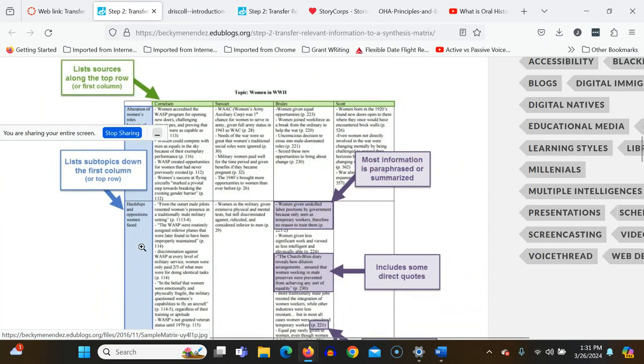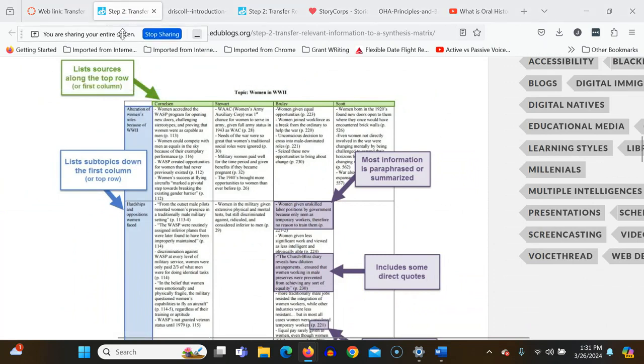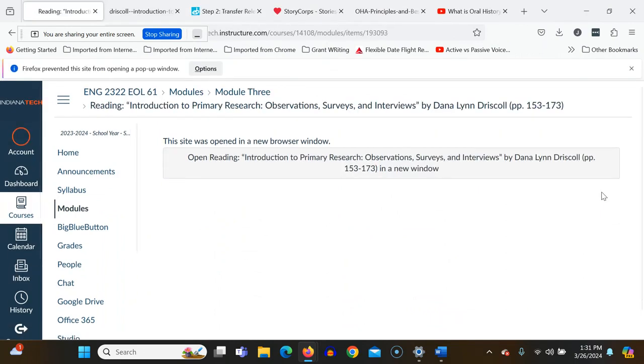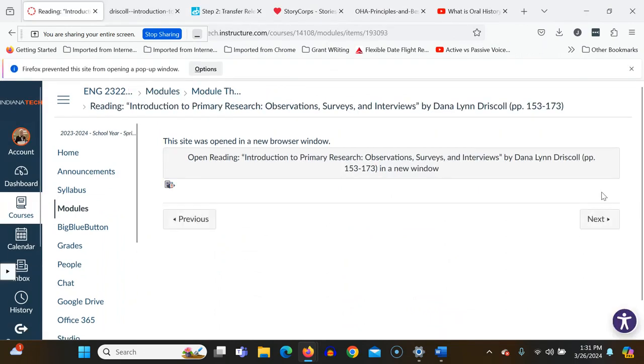And over here, the subtopics that we are trying to collect information about: alteration of women's roles because of World War II, hardships and oppositions women faced. So again, you can collect your information in any way that you want to, but you're going to, in some manner, collect your information so that we can see what it is that you did.